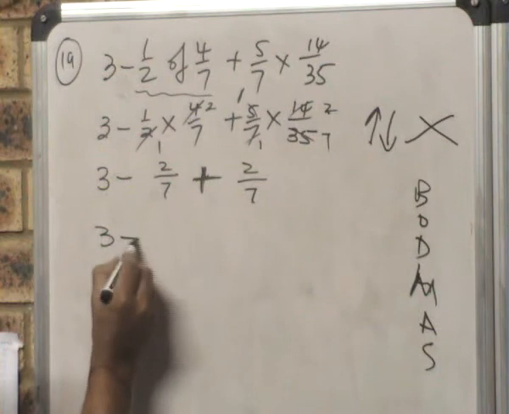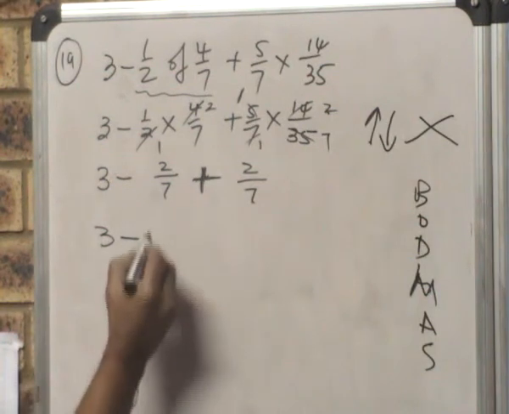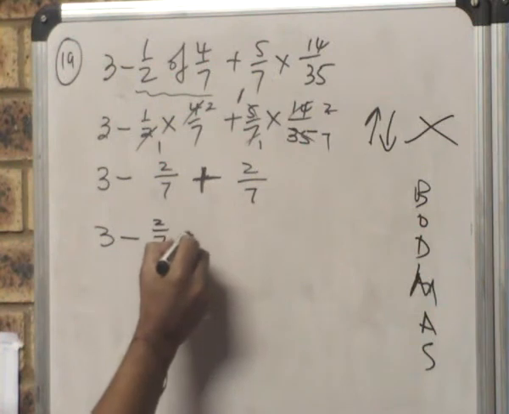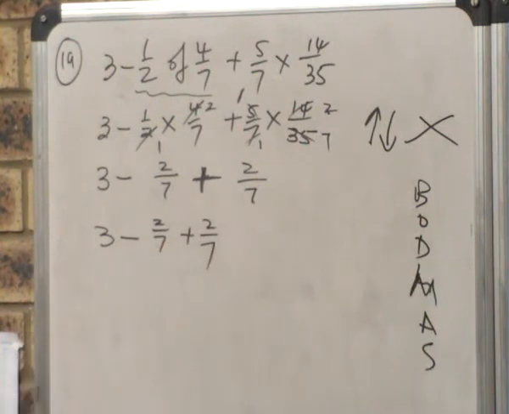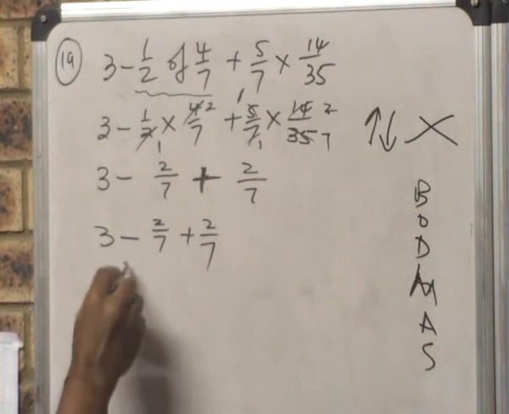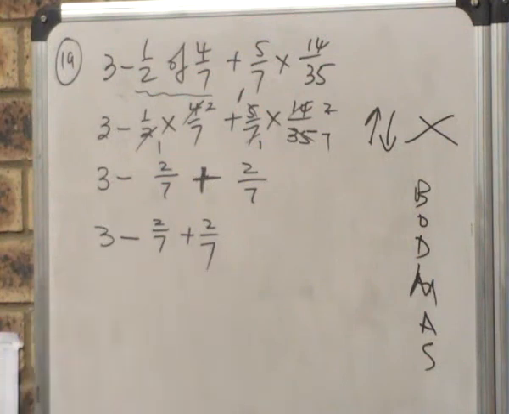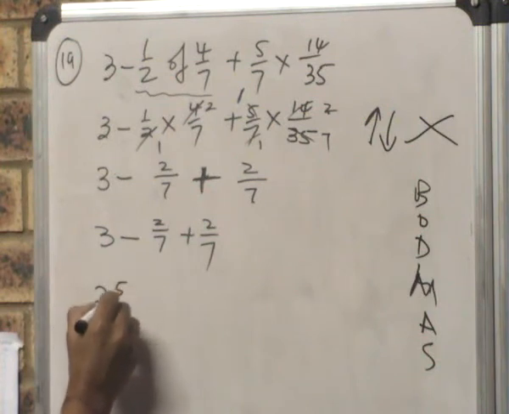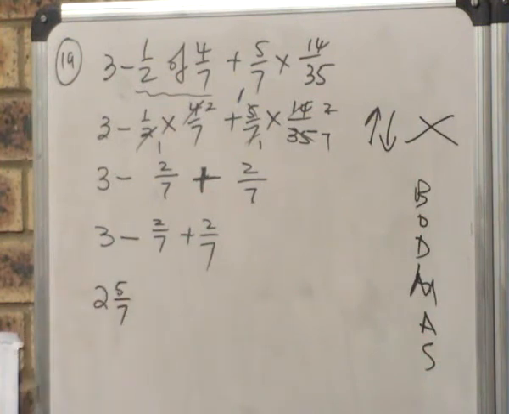So I've got 3 minus 2 sevenths plus 2 sevenths. Now, you see this 2 sevenths and that 2 sevenths gives you 0. Or, anyway, if you're following the left to right rule, 3 minus 2 sevenths will give you 2 and 5 sevenths.